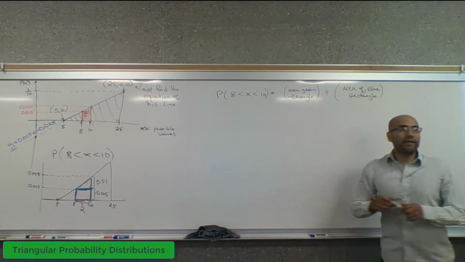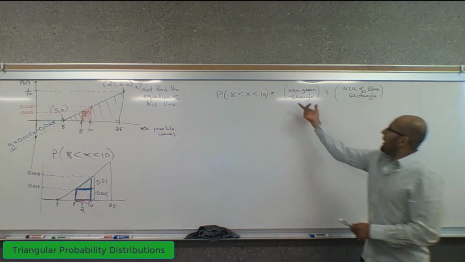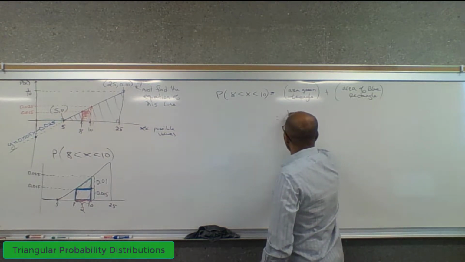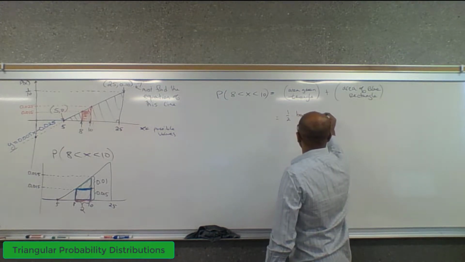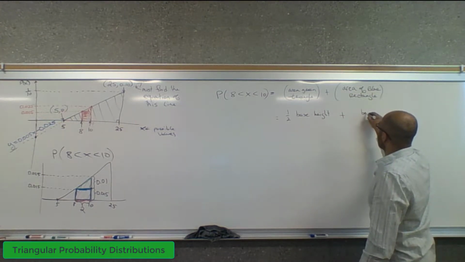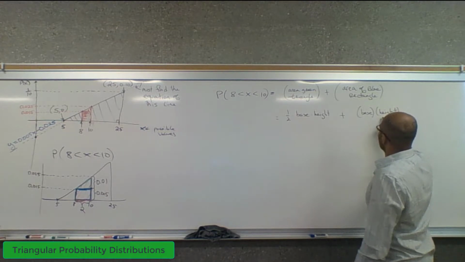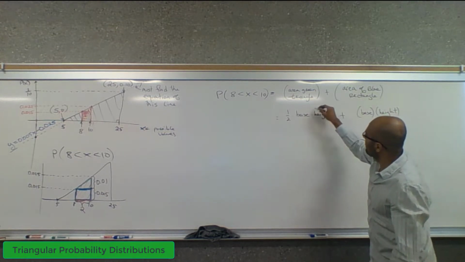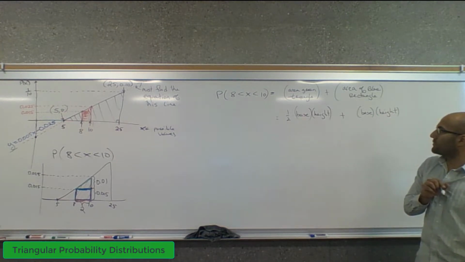Right? We have to get creative this time. It's not as easy as the uniform distributions one. So now the area of any triangle is equal to 1/2 times its base times its height, plus the area of any rectangle is just equal to base times height. The height of the rectangle is not necessarily the same as the height of the triangle. They're two separate little shapes that we have to use.